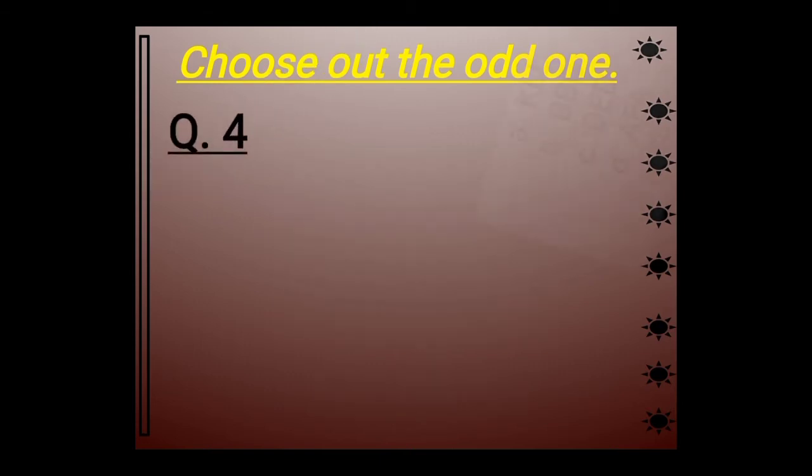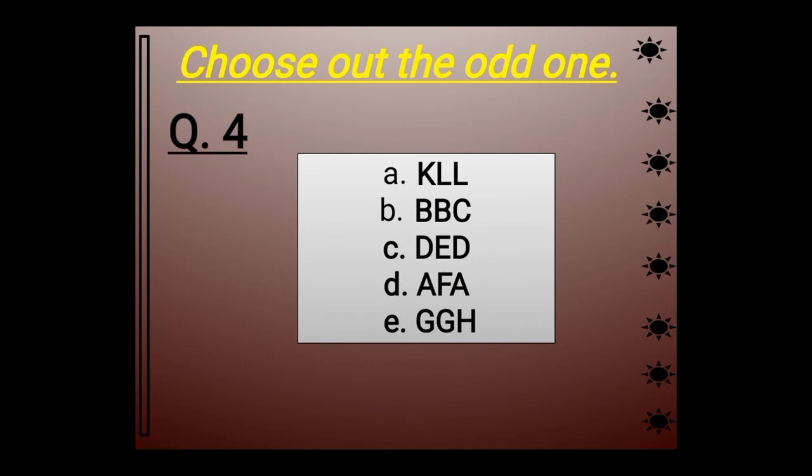Next question. This question contains some English alphabets. Each of these first alphabet is repeated a second time, such as B, B, C, B first letter, other B, D, E, D, D, D, A, F, A, A, G, G, H, G, G. But the first alphabet is not repeated in K, L, L. Alphabet K is a first letter, so here is not repeated K alphabet.